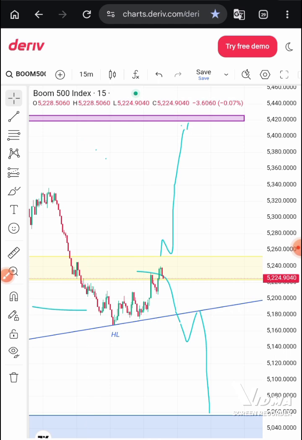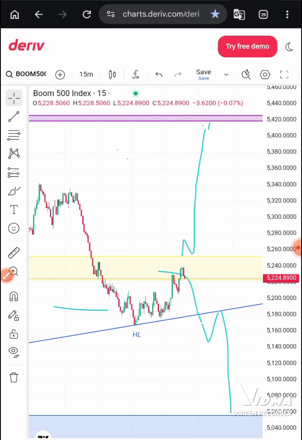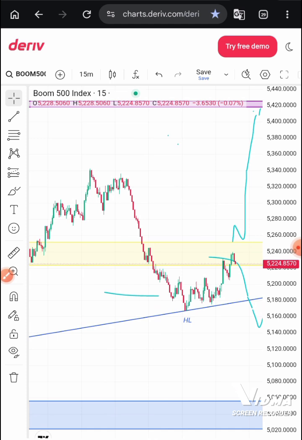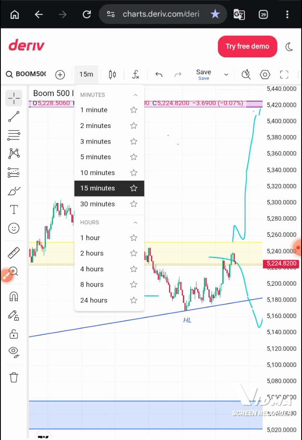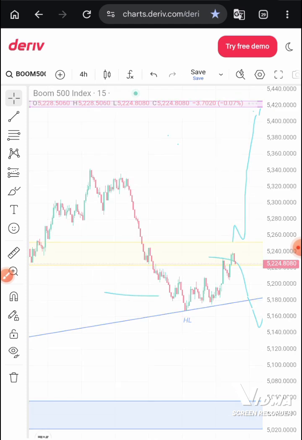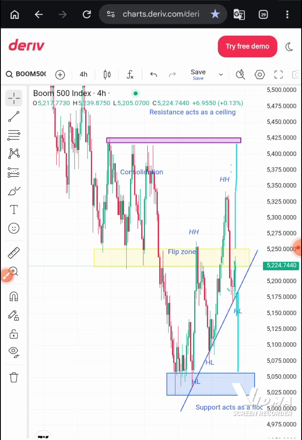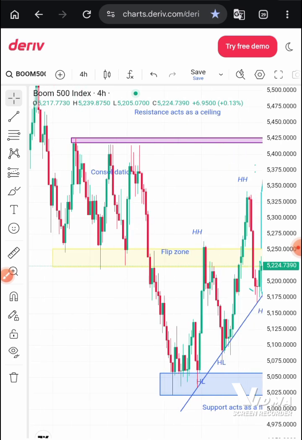Once you have that clear picture, then you can go and take your entries, okay? So on your MT5, this side we don't place trades, but we get a picture of what is going on.